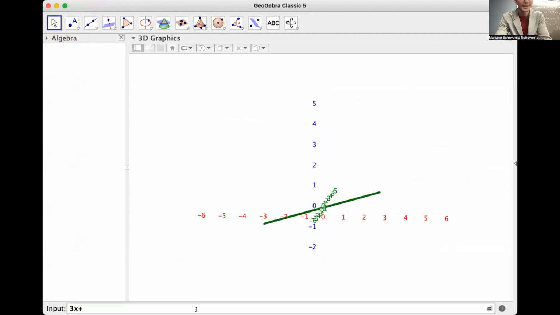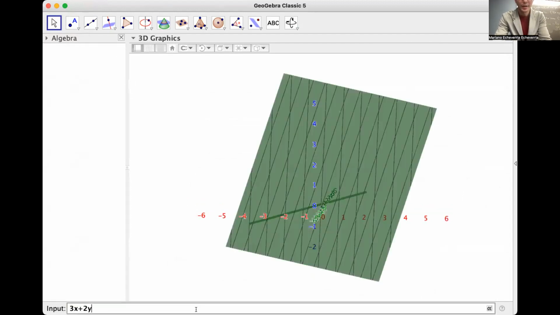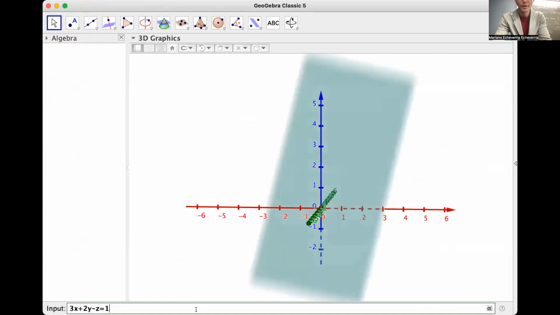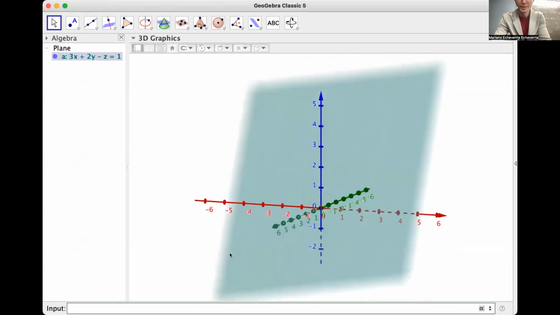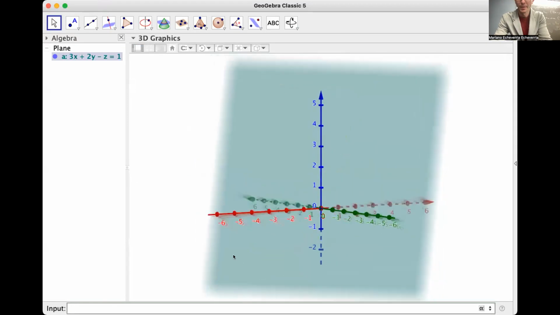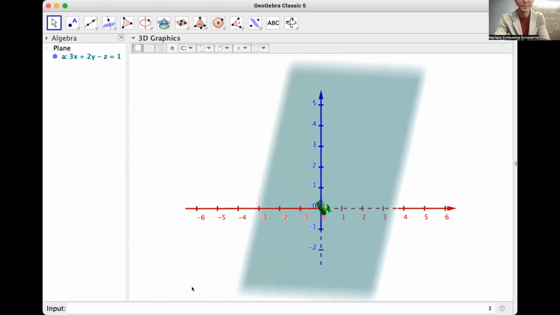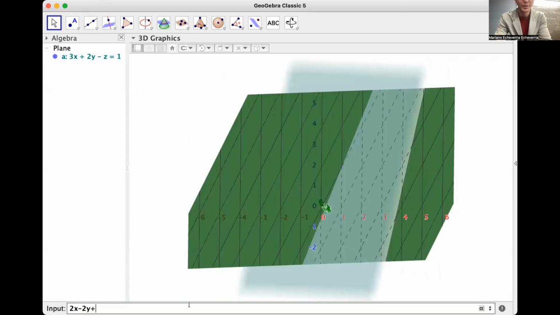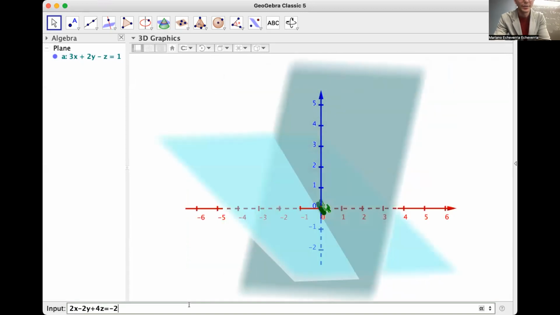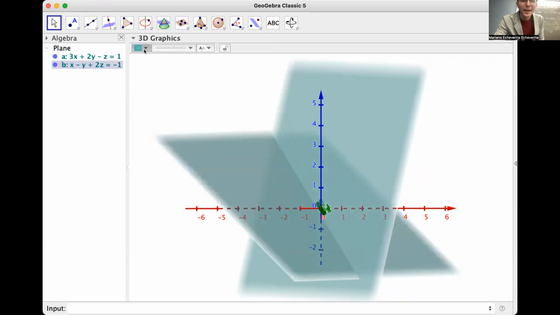So you put 3x plus 2y minus z equals 1, which is the plane you were seeing before. A plane is just like an infinite piece of paper. Then you add 2x minus 2y plus 4z equals -2. Now this is getting confusing, so you change the color.